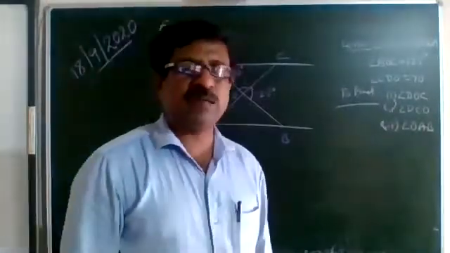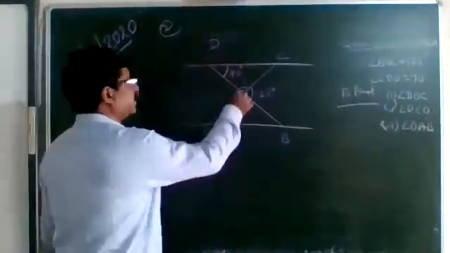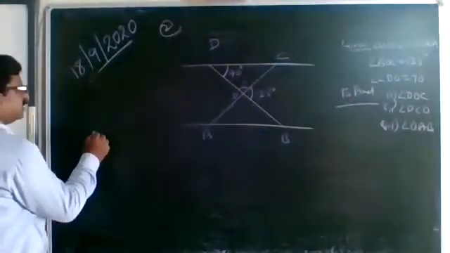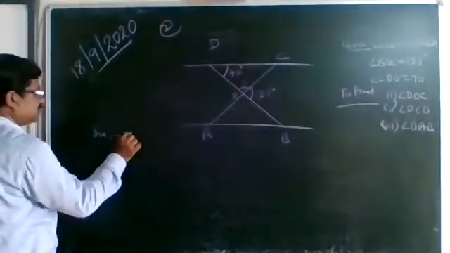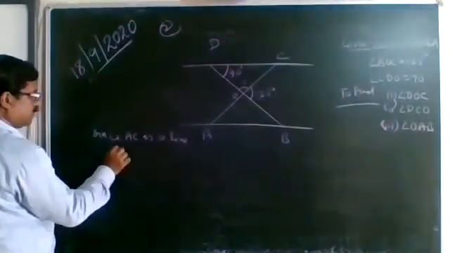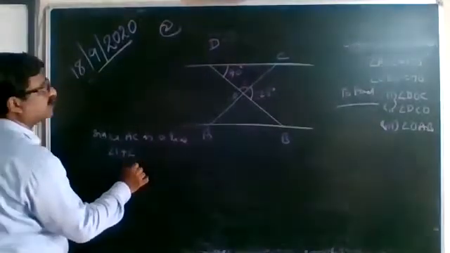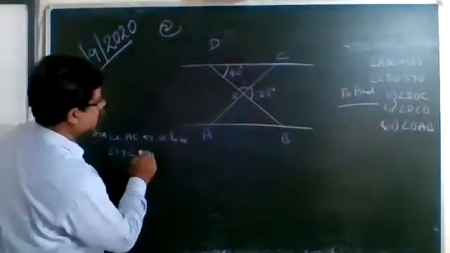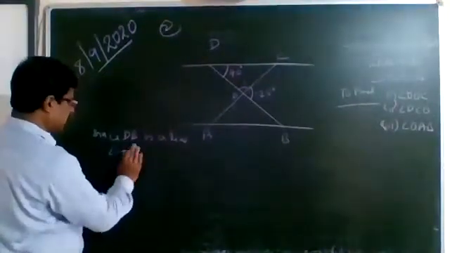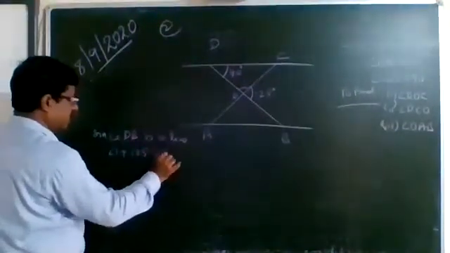Now DOC and BOC are forming a linear pair. It is forming a straight line. So we can write, since AC is a line, DB is a line, angle 1 plus angle 125 equals 180 degrees.